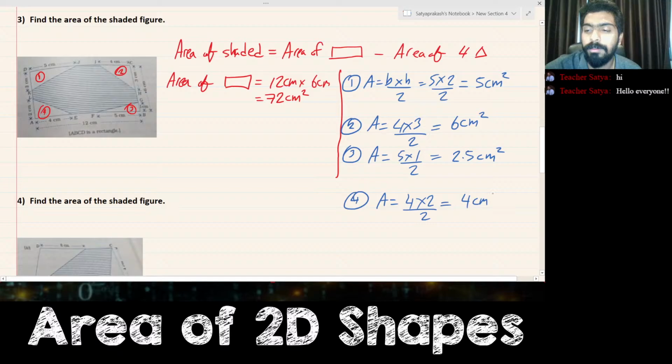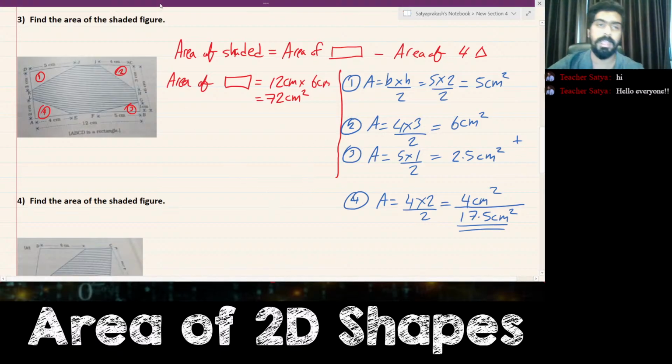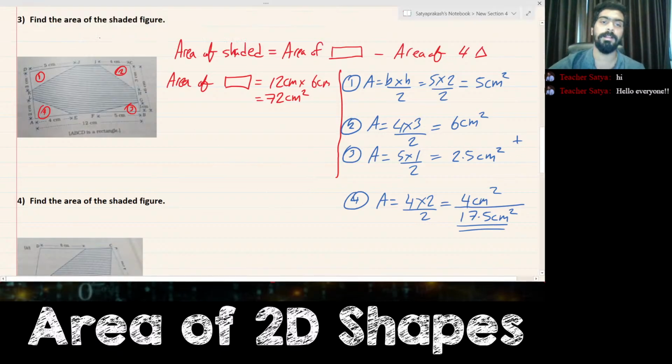And the total area for all of the triangles would give us what, let us add this up. So 17.5 centimeter square, right? So if you add all the triangles up, we would get the area of all of the triangles. Now, area of the shaded part, let's find here.